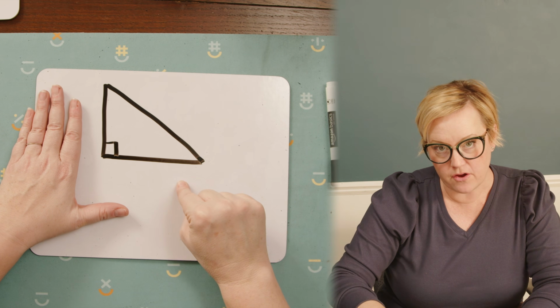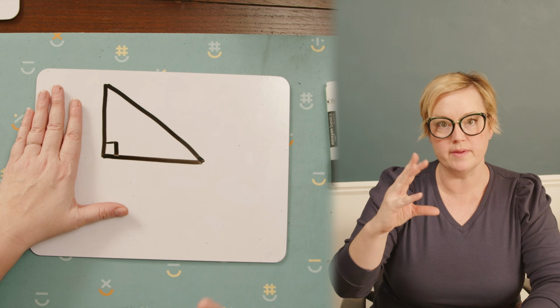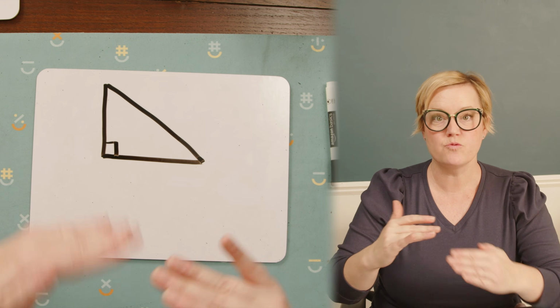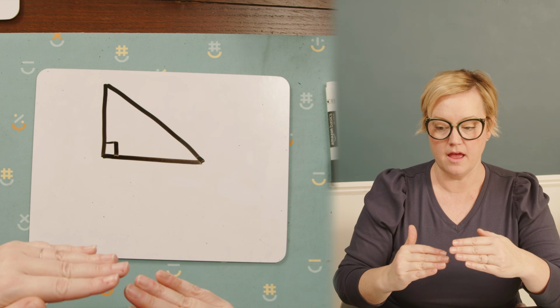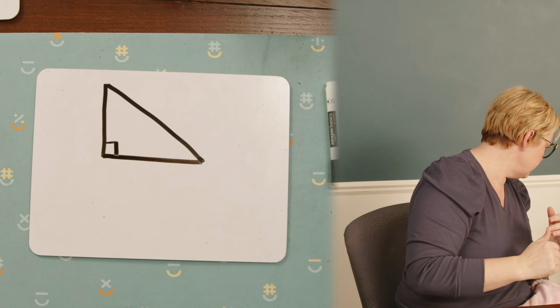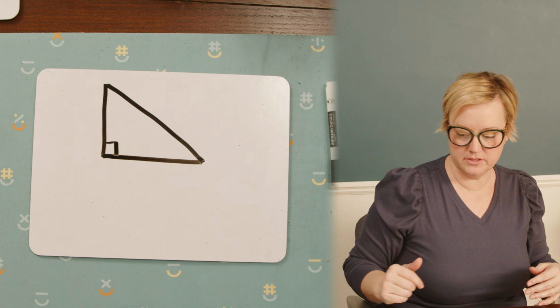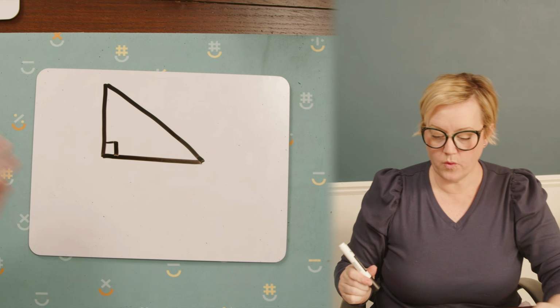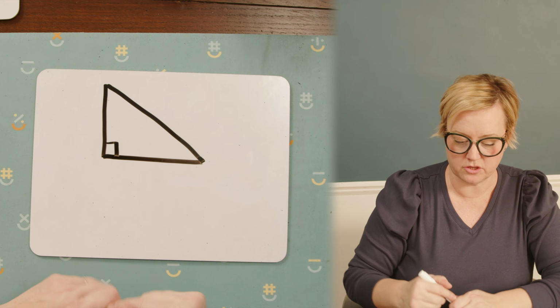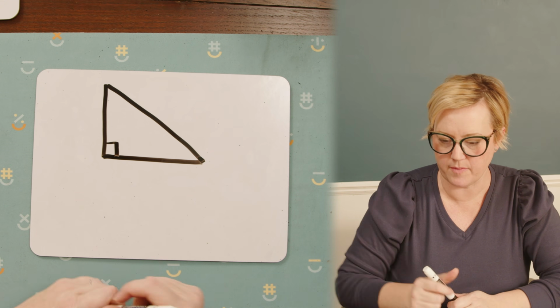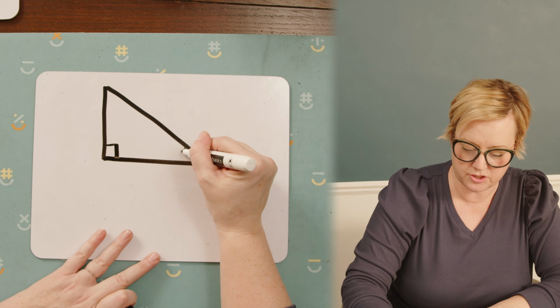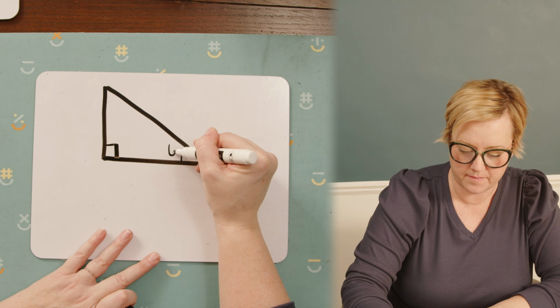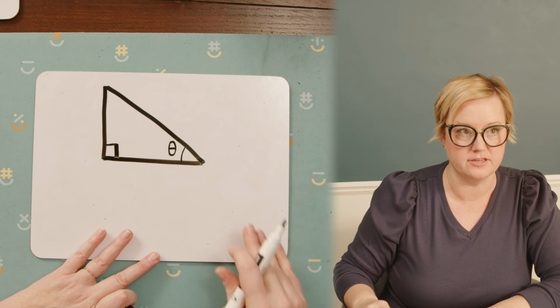So each angle also determines that same ratio between the legs and the hypotenuse. Okay, so when we're bringing in an angle measurement, we call that angle theta. It's like a 0 with a little slash through it.